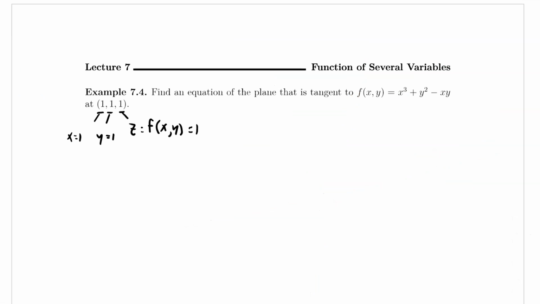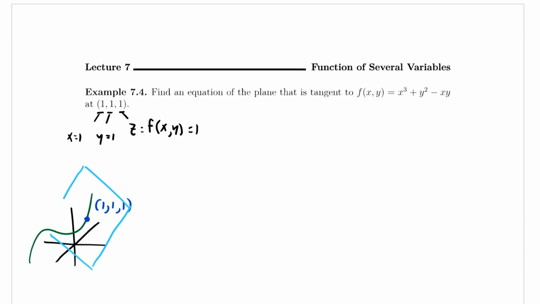So now if we take a closer look, let's say I have the 3D function here, and my green graph looks something like this. And I have the point (1, 1, 1) here. And I'm looking at the blue plane that is tangent to this green graph at exactly that point. Well, what properties does this blue plane have to have?